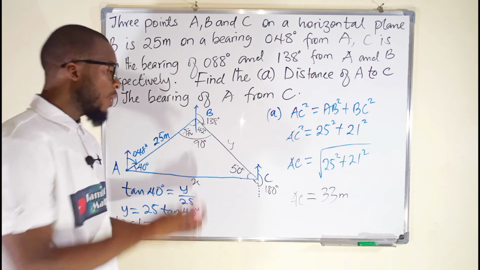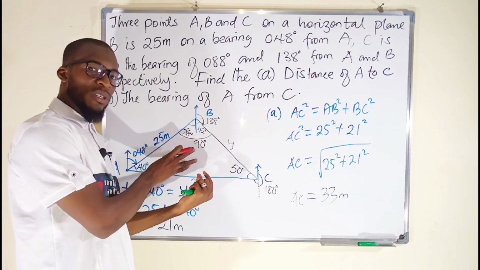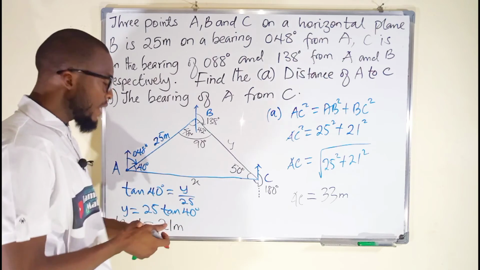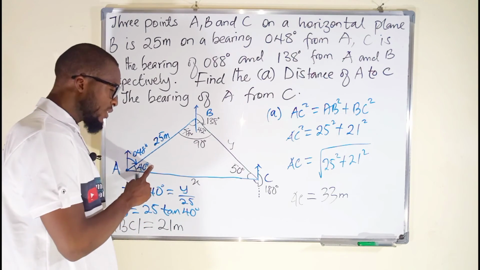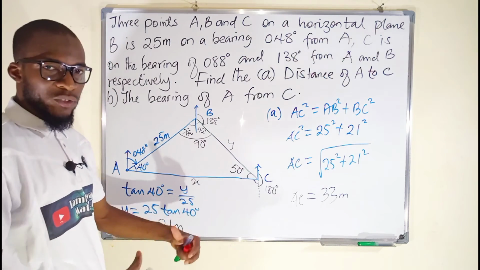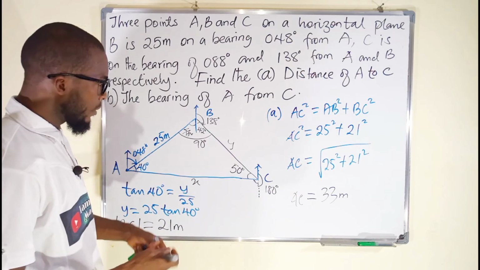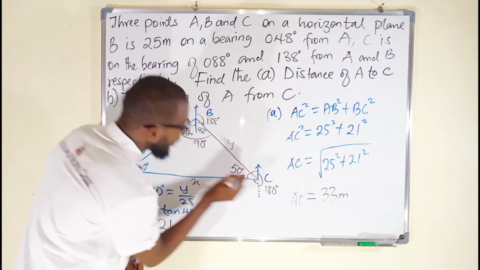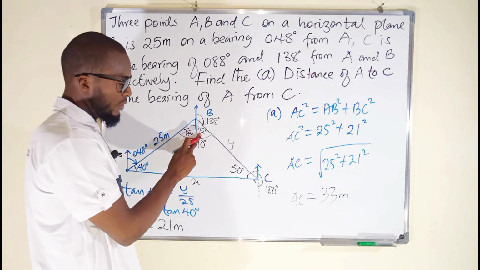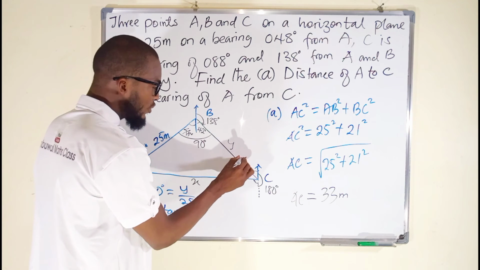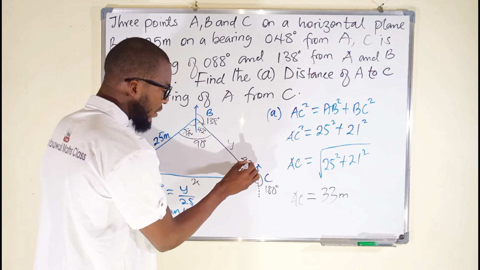Why? The sum of all the angles in a triangle is 180. We have 90, we have 40. What is left is 50 for it to be 180. This angle also is alternate to this one, so they are exactly the same. So we have 42 degrees here.